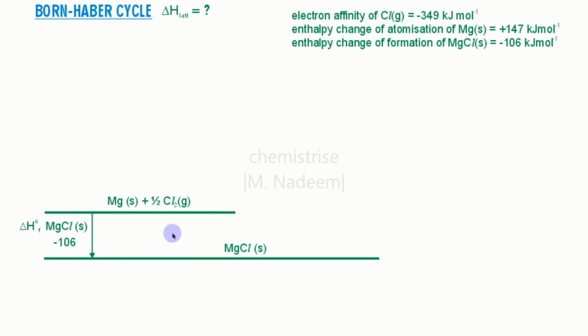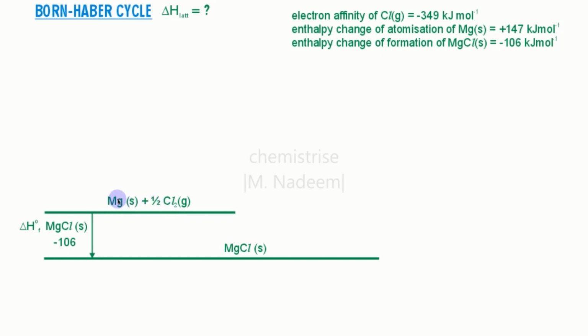So first step in construction of the Born-Haber cycle. This step is very, very important, because this step dictates the whole cycle, because we use the number of atoms of each type in this formation step, and that number of atoms we carry along throughout the whole energy cycle.